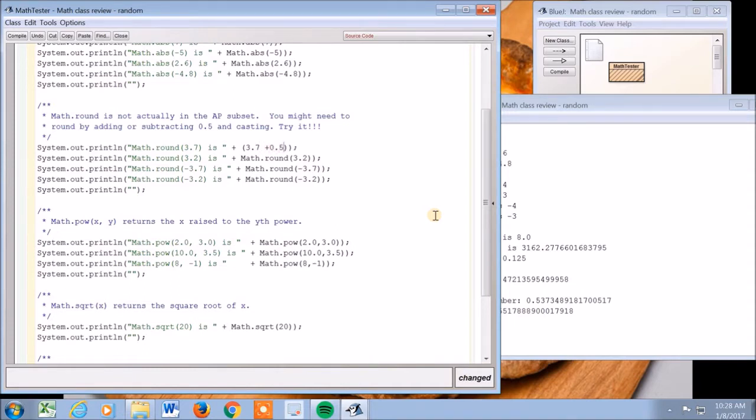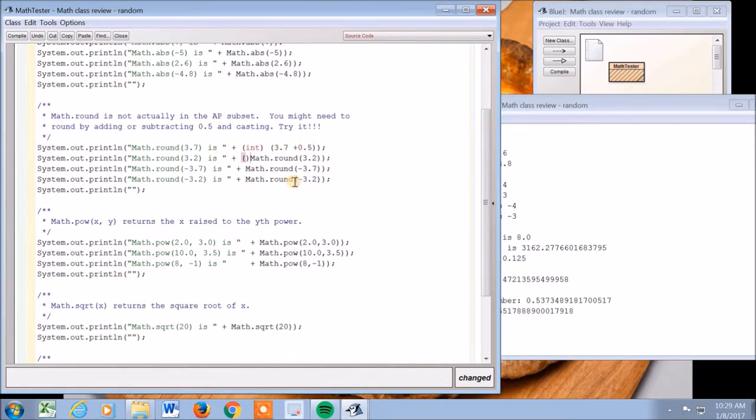When I round 3.7 I'll get 4, and if I add 0.5 I'll get 4.2, and then if I cast it to an integer, that has the same effect as rounding. So if I take some number x, add 0.5, I think I'm missing a parenthesis, and then cast it to an integer, it should have the same effect.